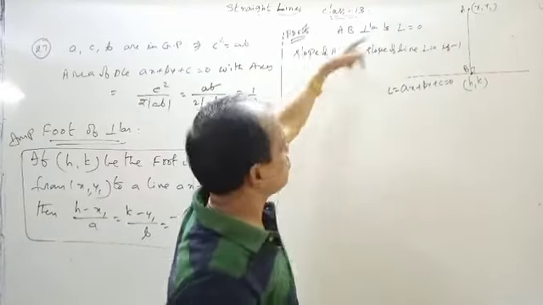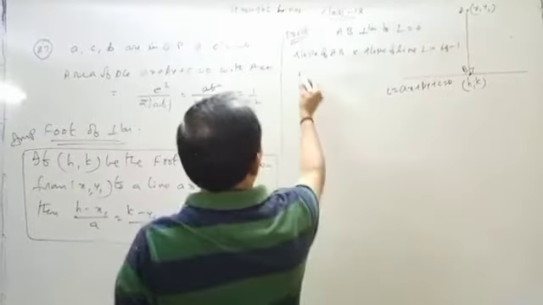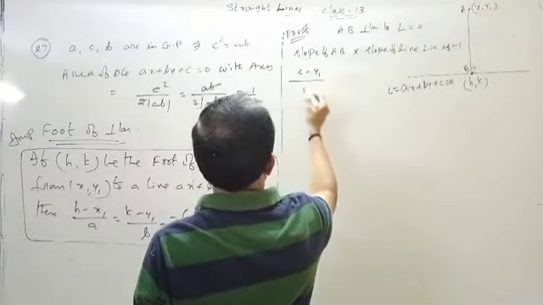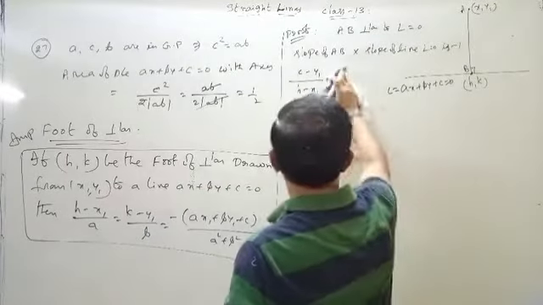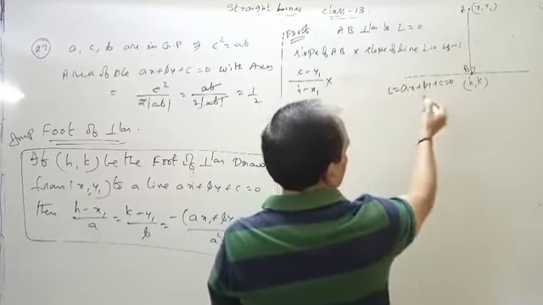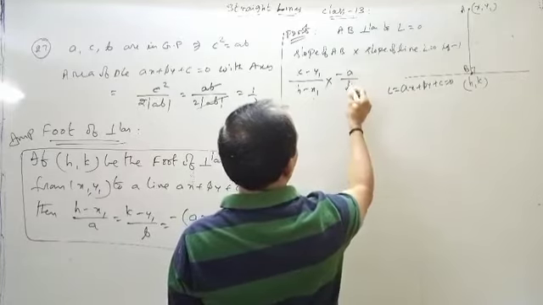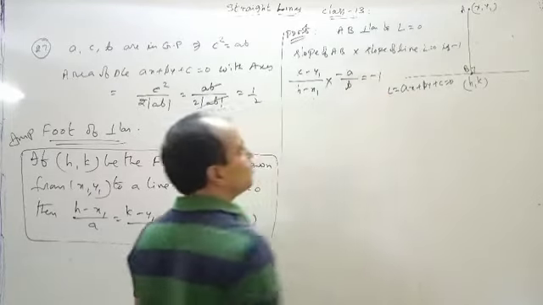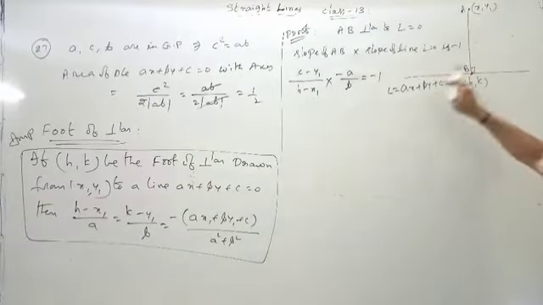What about the slope of AB? When two points are given, the slope is (y2 − y1)/(x2 − x1), into the slope of the line L = 0. What about the slope of this line? Minus of x coefficient by y coefficient, which is −a/b.